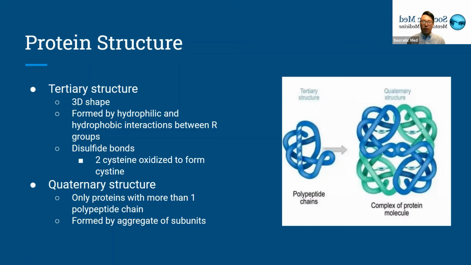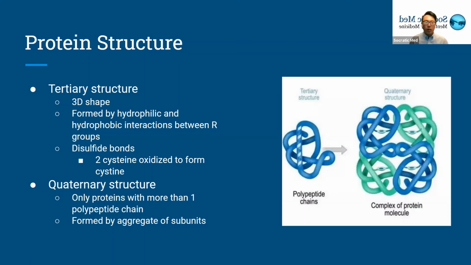So it's more likely to find hydrophobic R groups in the center of the protein, while the hydrophilic groups will be on the outside. These are all determined by the R groups connected to the amino acids. Polar and charged amino acids are more likely to be on the outside, while hydrophobic R groups will most likely be on the inside of the protein.